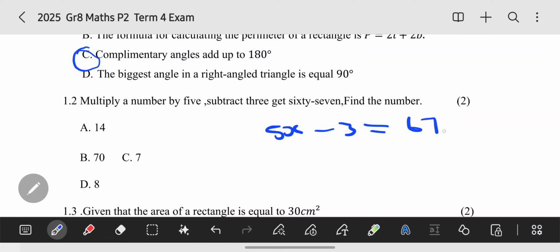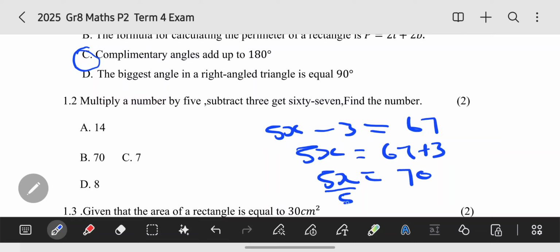So we take this 3 to the other side. 5x equals 67 plus 3, which is 70. We divide by 5, and then x is 14. 14 is A. So that's what we were supposed to do.